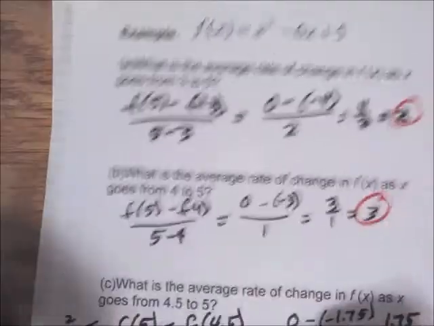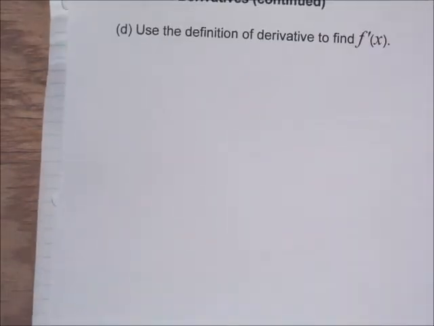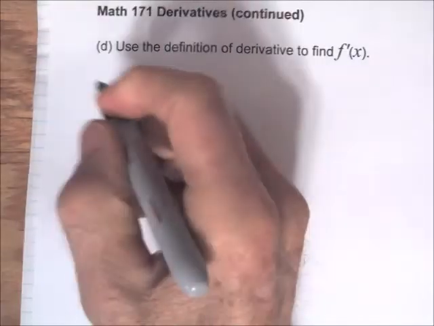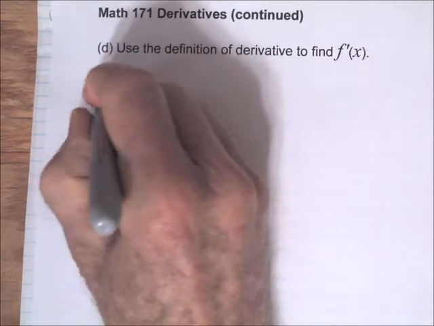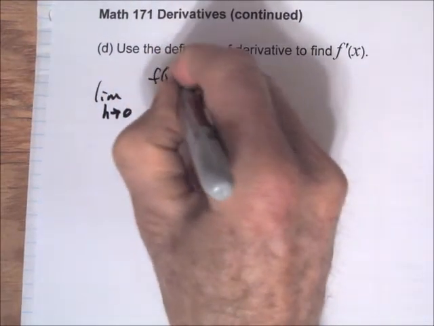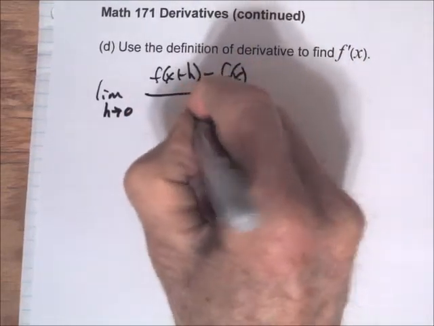Okay, so let's compute the instantaneous rate of change. So this is going to be what's called the derivative, and here we want to take the limit as h goes to 0 of f of x plus h minus f of x over h.